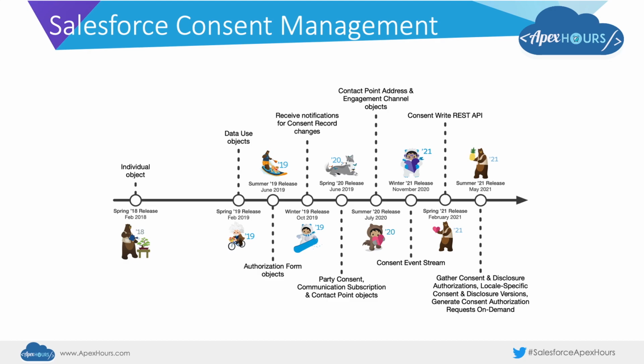These consent management objects are now available across all Salesforce editions and provide a highly normalized data structure that accommodates the many aspects of privacy and consent management of an individual, while also enabling organizations to align with current and emerging regulatory environments.